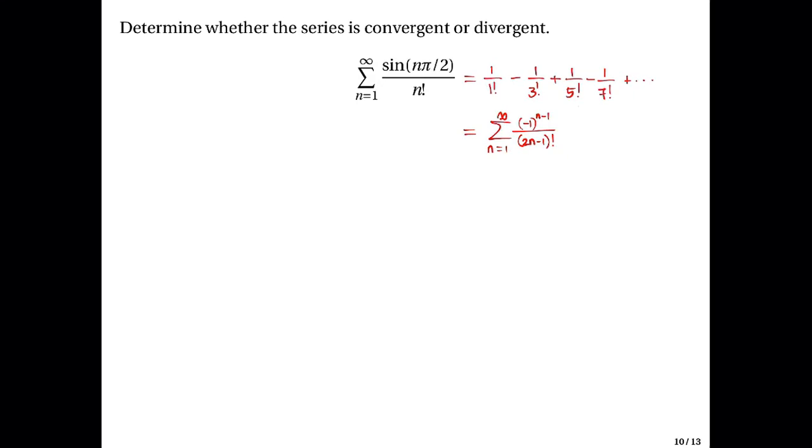Question. In which case, our Bn is equal to 1 over 2n minus 1 factorial. Okay? Now, yung condition na ultimately decreasing. So this is what we want: Bn plus 1 less than or equal to Bn.